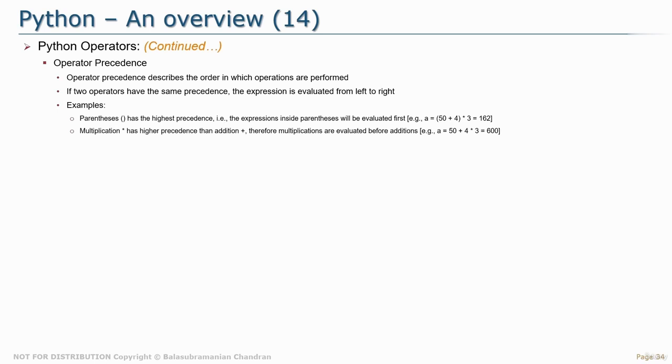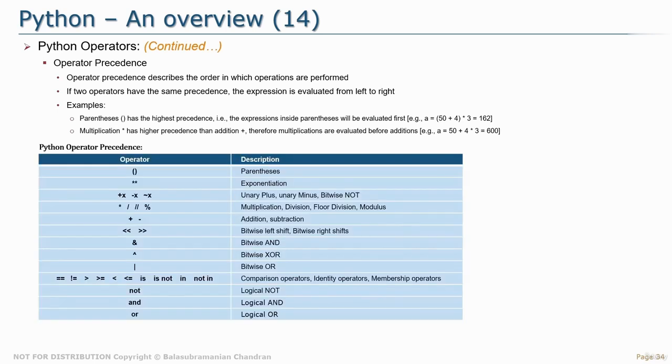Multiplication has higher precedence than addition, therefore, multiplications are evaluated before additions, as given in the second example. Here is a table depicting the operator precedence. I would suggest that you pause the video and have a closer look at this table.